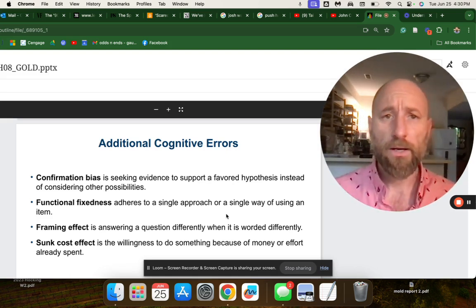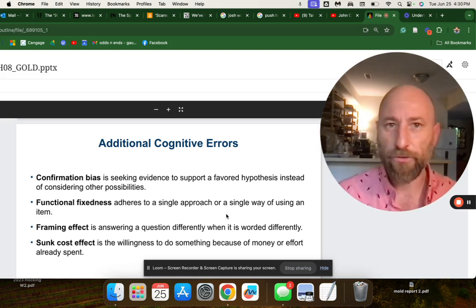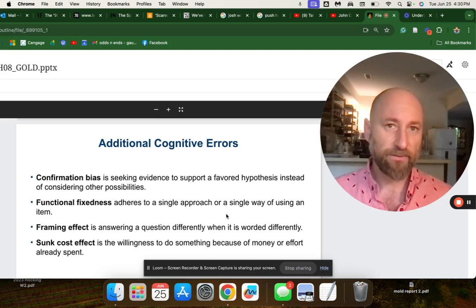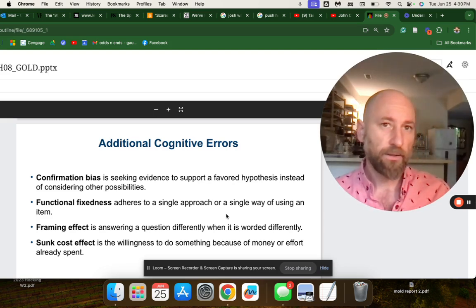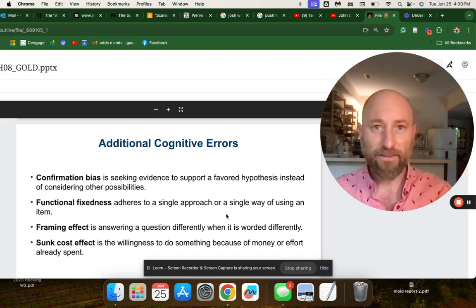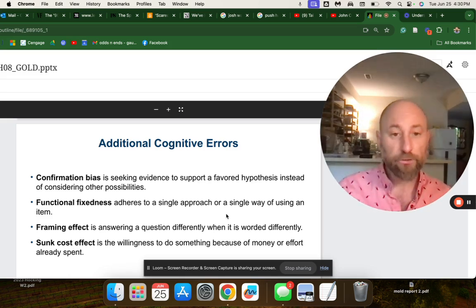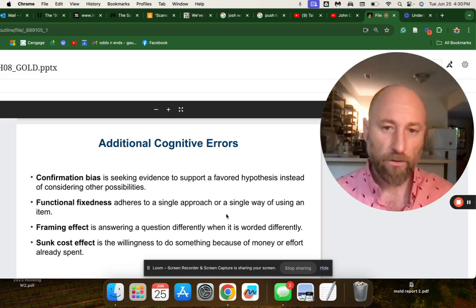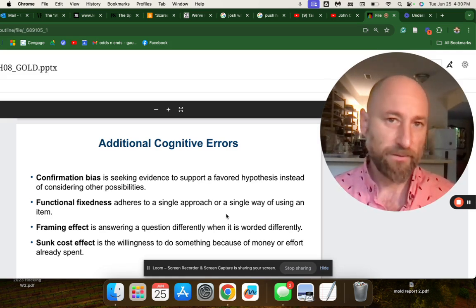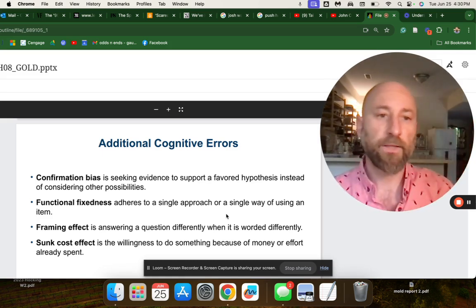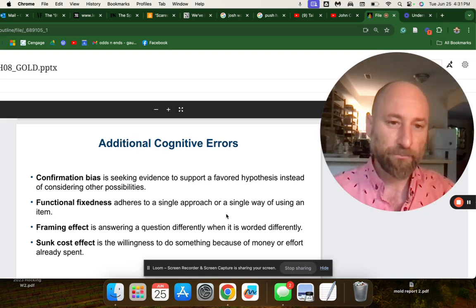Now, this cognitive bias, like everything else, has its roots in evolution. It's much more dangerous to have a hypothesis, test it, and then be wrong about it than it is to be right about it. That's a little abstract, so what does that mean? Say you're walking along in the woods and you have a hypothesis: there's a saber-toothed tiger behind that rock over there.